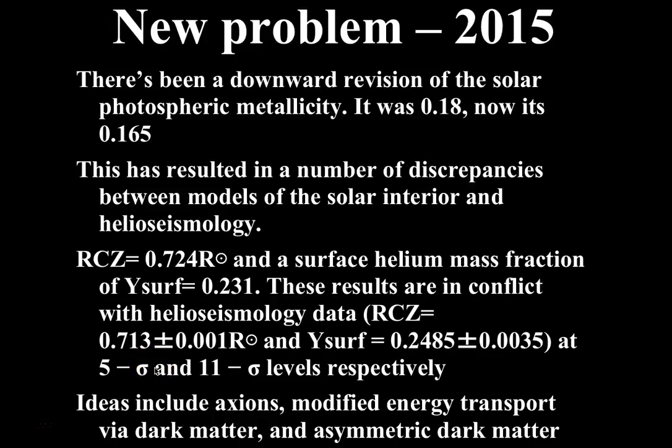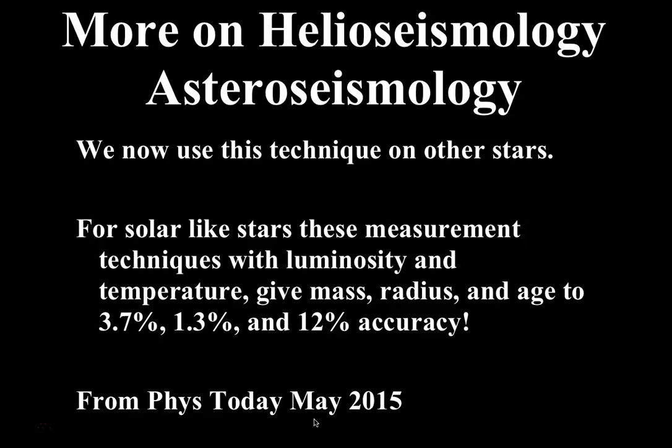It sort of is similar to what we were talking about with the gravitational constant. People are coming up with two different measurements that are totally different from each other. Maybe, as indicated here, it's an indication of new physics. At any rate, helioseismology is a very interesting field, and people are working on it and applying it to other stars out there. If we apply it to other stars, then this becomes another technique to determine mass, radius, and age to these types of accuracies for stars that are nowhere close to us.